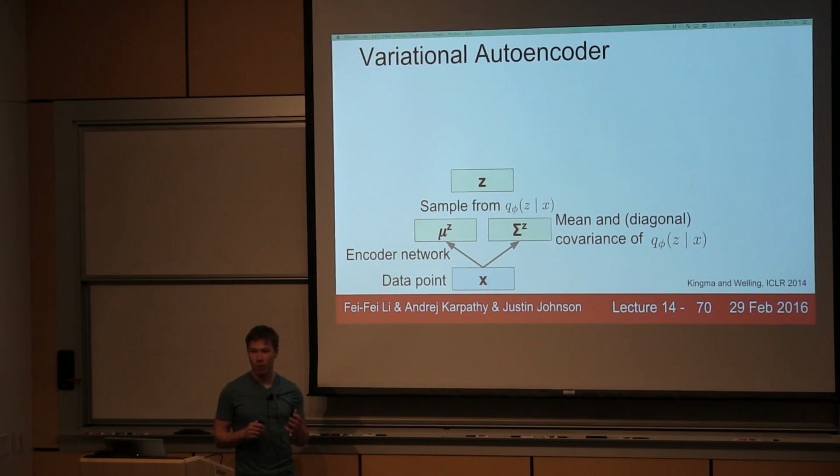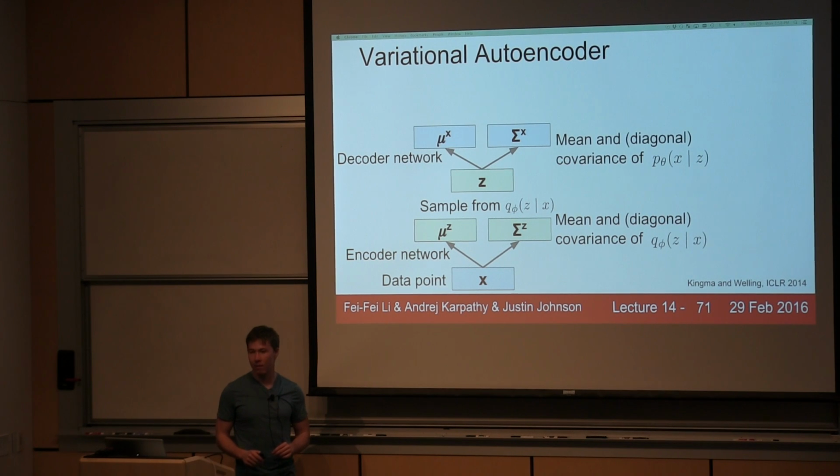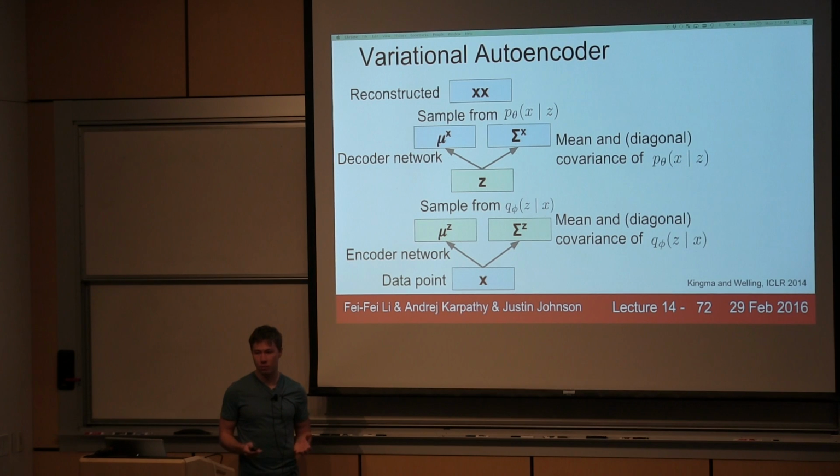Then, with a concrete latent state, we pass it through the decoder network, which should spit out the distribution over the data again. Once we have this distribution over the data, we could sample from it to get something that hopefully looks like the original data point.